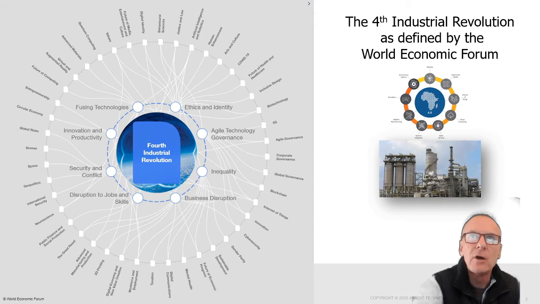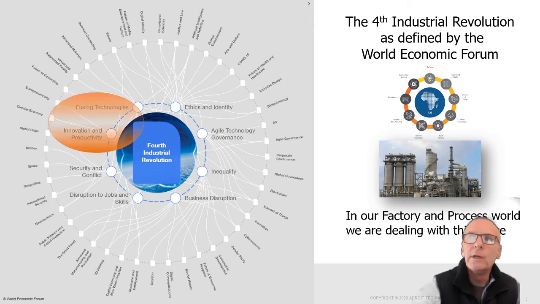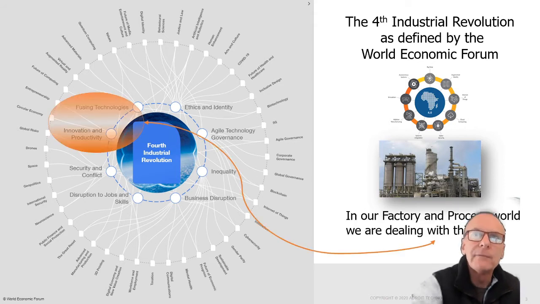And on the outside are functions that all have their input to these various 8 core concepts in terms of improvement. If you look at our world, we are dealing with a minority of those 8 concepts, which is fusing technologies, I guess, and innovation and productivity.